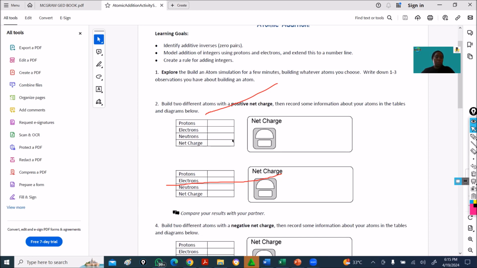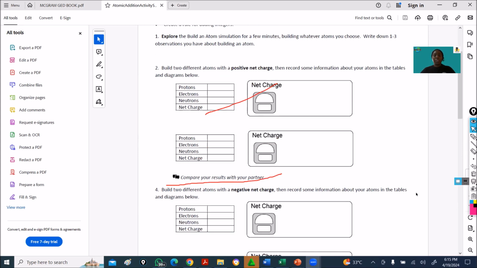Okay, but we are on number 2, on question 2 on the activity sheet. Are we all following? Are we all creating our atom with a positive net charge? Let me see a thumbs up if we are.